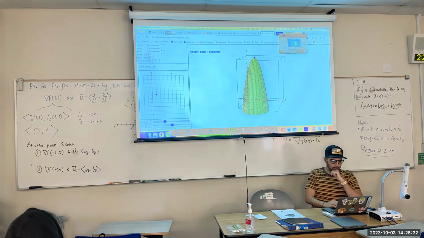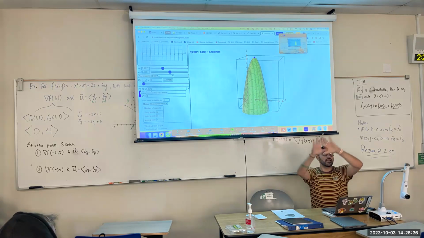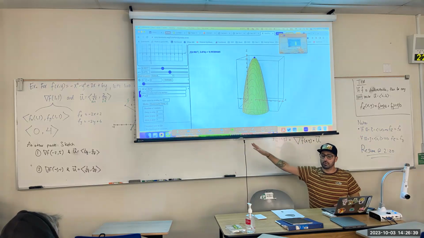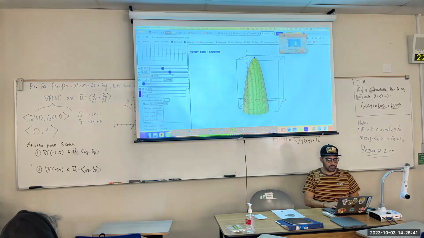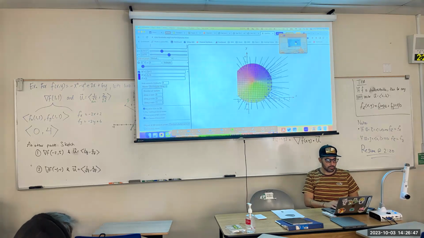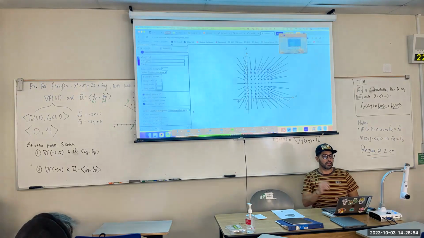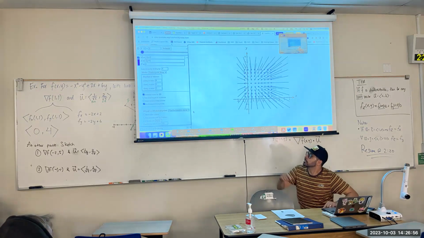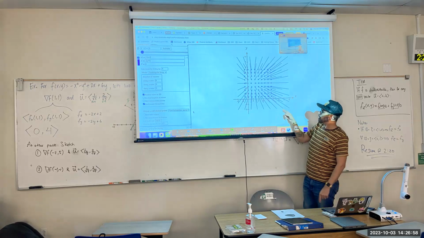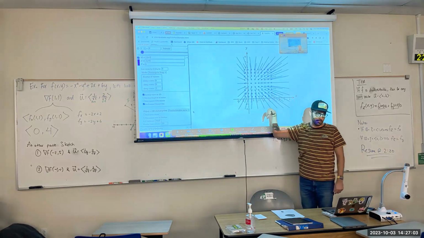Let me show you guys a set of vectors. You know how I just had you graph 3 vectors? Here are a bunch of different vectors. Let me get rid of the surface. If I did that for a bunch of different points, these are the initial points and the gradients.